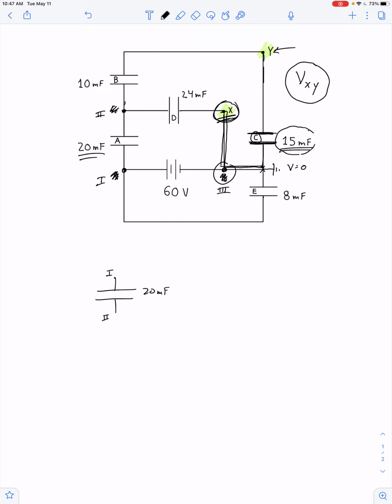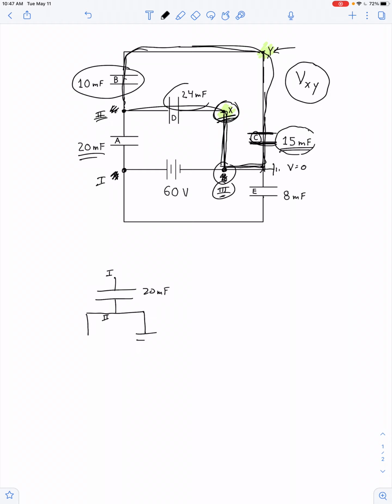Now, to get from point 2 to point 3, there's two paths we can take. One path encounters capacitor B and C. The other path that gets us from point 2 to point 3 just encounters this one capacitor. So this is a way to say that we have a parallel combination.